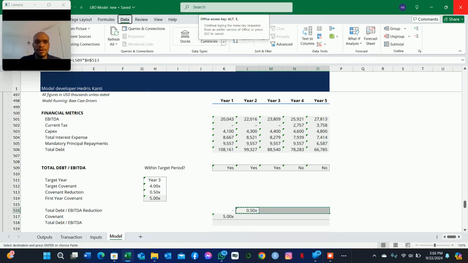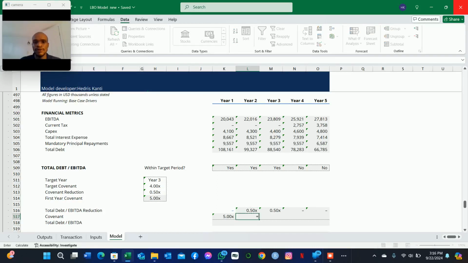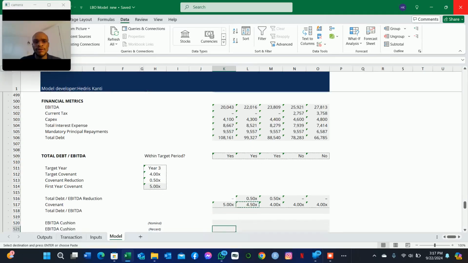You can take this, copy all the way across the formulas, and then going forward, we take our first year covenant of 5 times and then we deduct the covenant reduction, so that by the end of year 3 we should be in line with our target covenant of 4 times EBITDA. So that's exactly what we are saying here in this model.